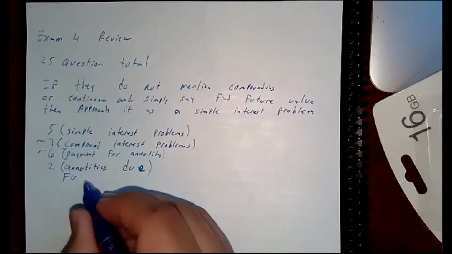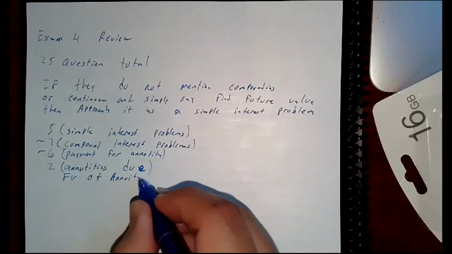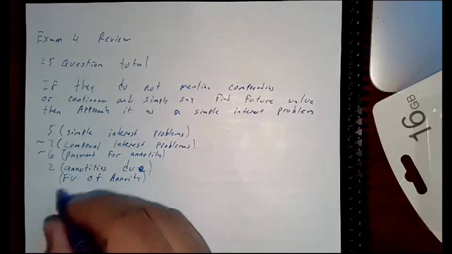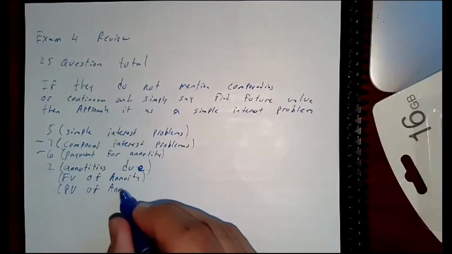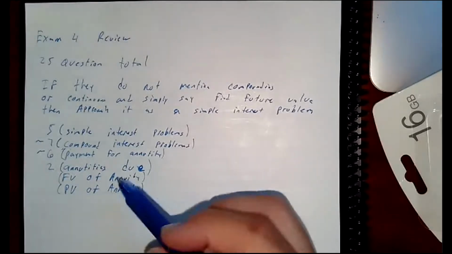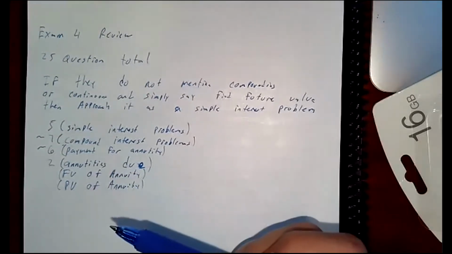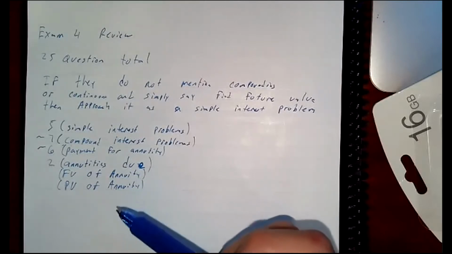Future value of annuity and present value of annuity are the last two topics. Remember, annuity can be like a mortgage, a car payment, or a loan. So annuity is a lot of different things, but the formulas will be the same.